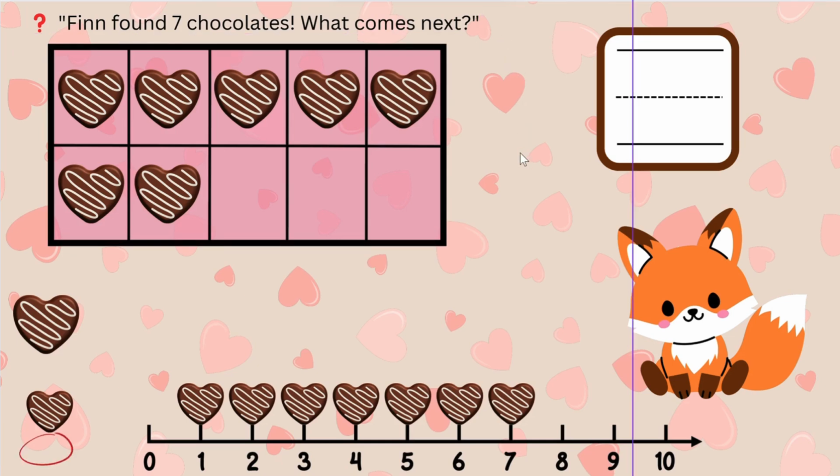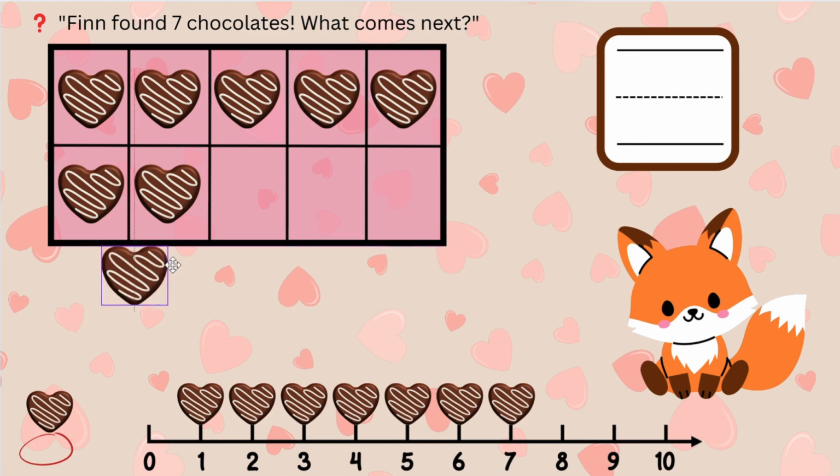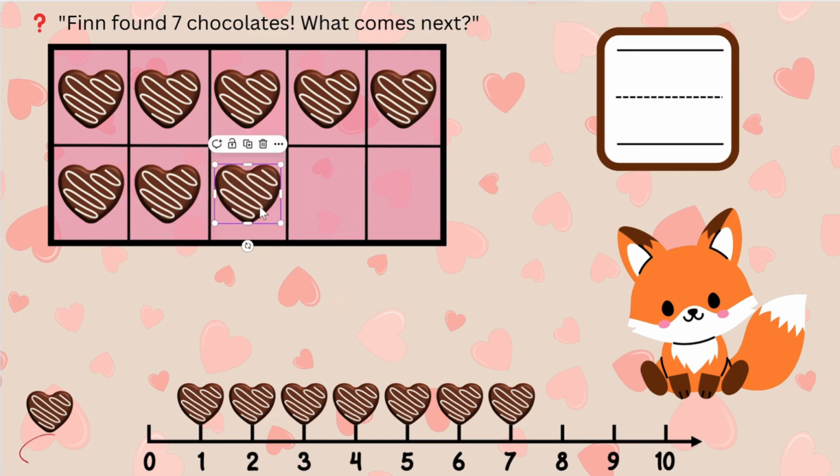Now Finn found 7 chocolates. We're going to figure out how many comes next. So if we have 1, 2, 3, 4, 5, 6, 7, what would come next? If we drag this up here, we would now have 8 chocolates in our tin frame. 8.